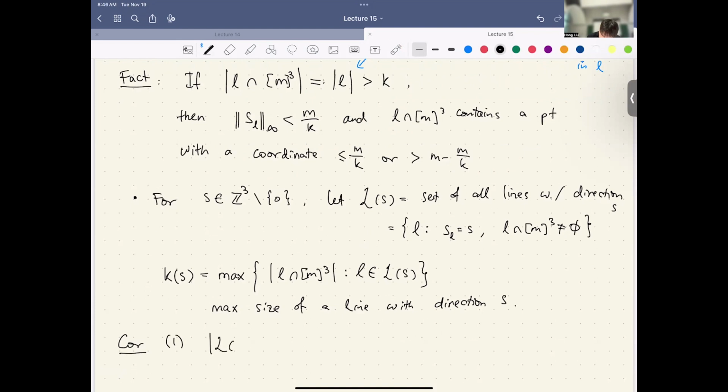The number of lines, LS, remember, is the set of all lines with direction S. So now let's fix a direction S. S is fixed. If you fix a direction, then the number of lines in this direction is at most. Well, let me write down some constants, then I'll explain.